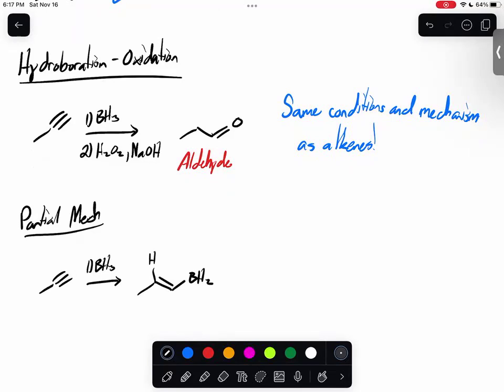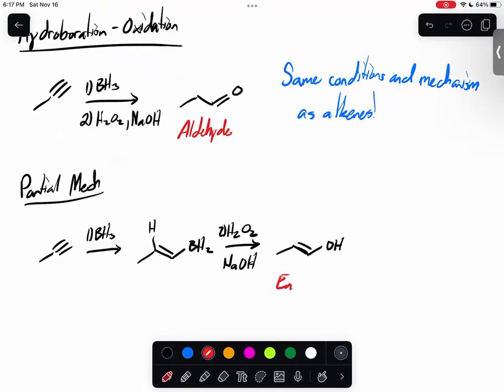From here, this is when our second step comes in, which is that H2O2 and NaOH. And at some point in this reaction, we end up with the alcohol, just like we saw with our alkenes. But in this case, rather than being an alcohol, it is, of course, an enol. And upon further reaction with the sodium hydroxide, that is what turns it into the aldehyde.